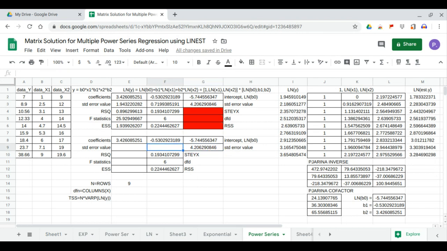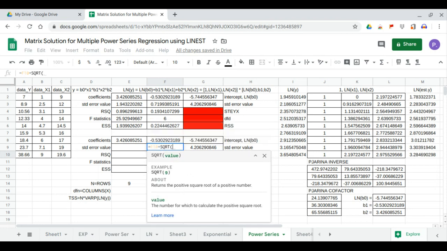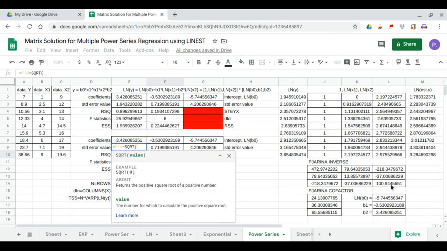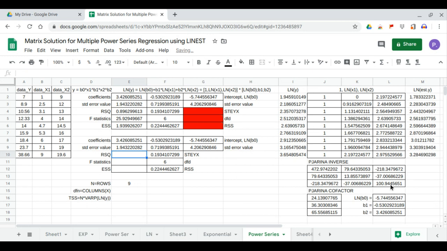Next, we calculate the standard error value of b1, which is again STAX times square root of Pijorina 2, which is 0.7199, matches our LINEST output. And we calculate the standard error value of b2, which is again STAX times square root of Pijorina 3. 1.9432 matches our LINEST output.